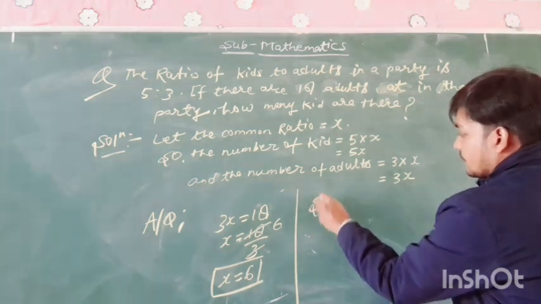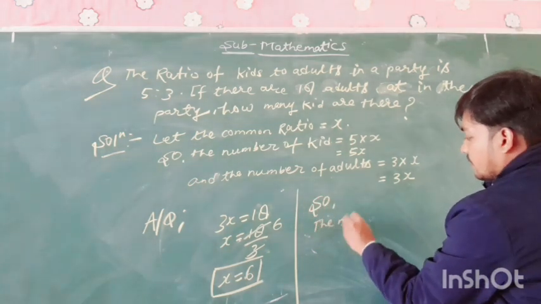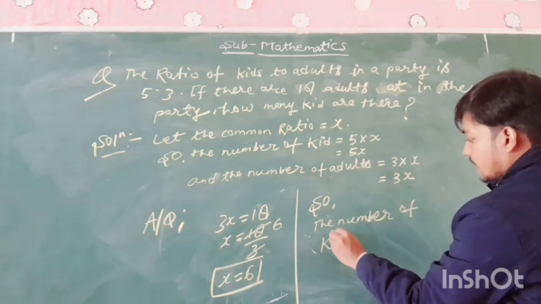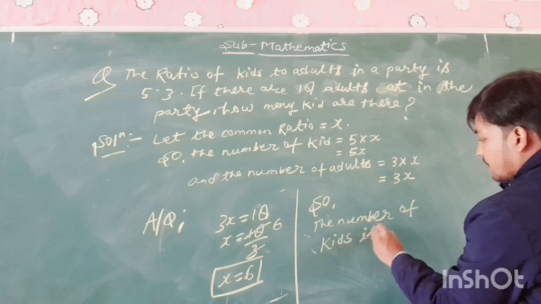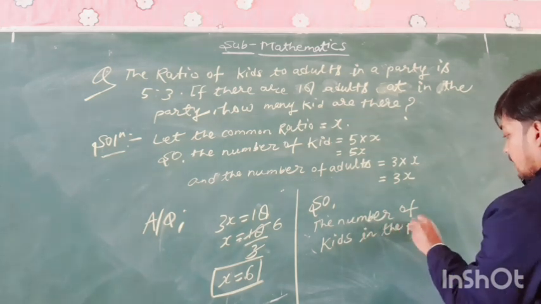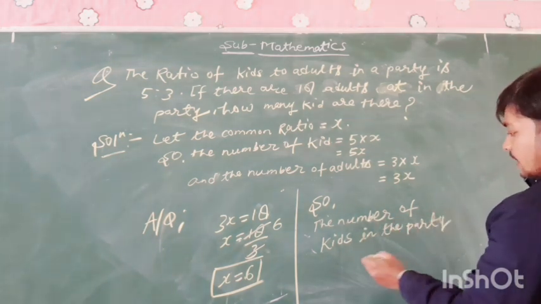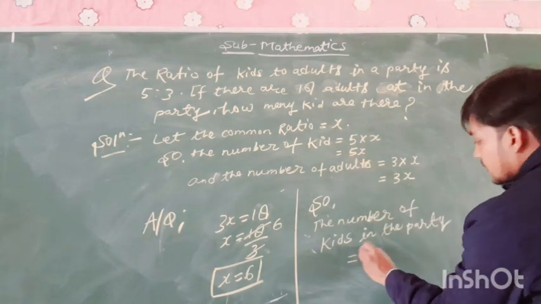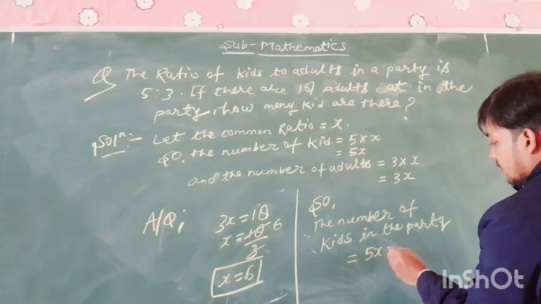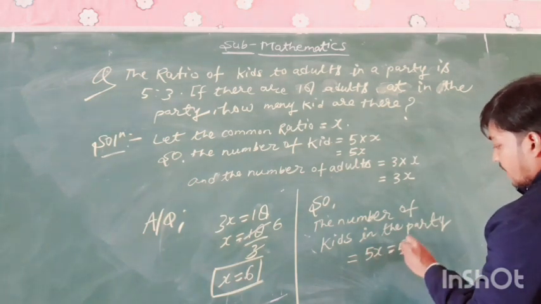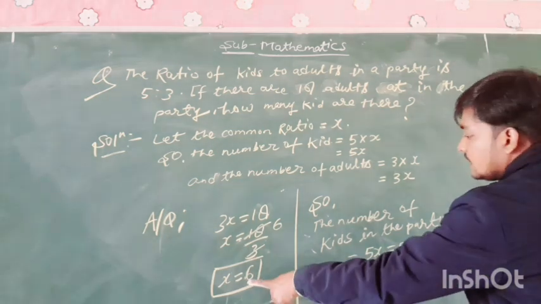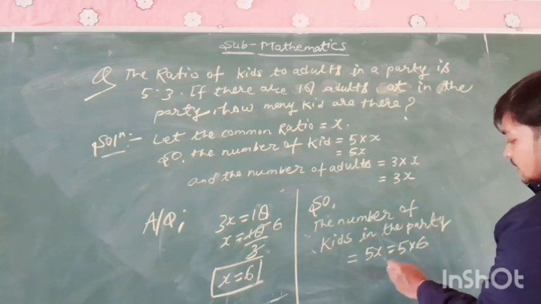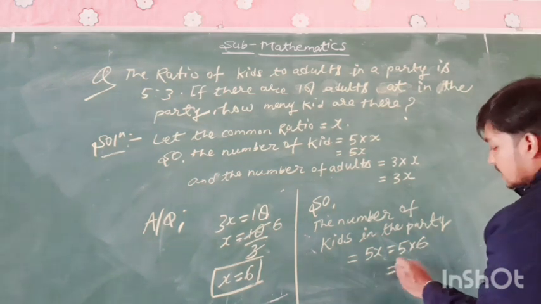So the number of kids in the party is equal to 5x, which is equal to 5 into the value of x, which is 6. 5 into 6, and the product of 5 and 6 is 30.